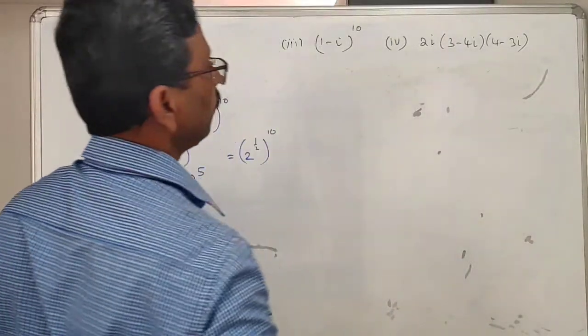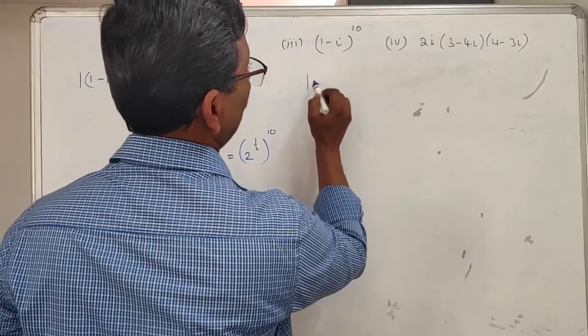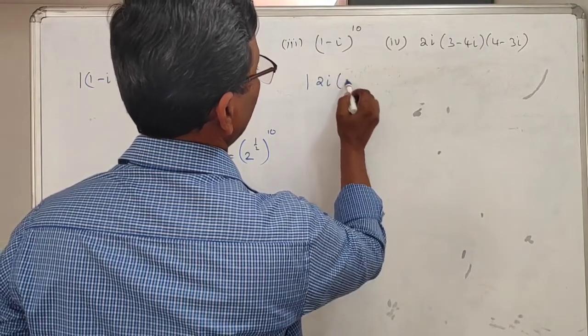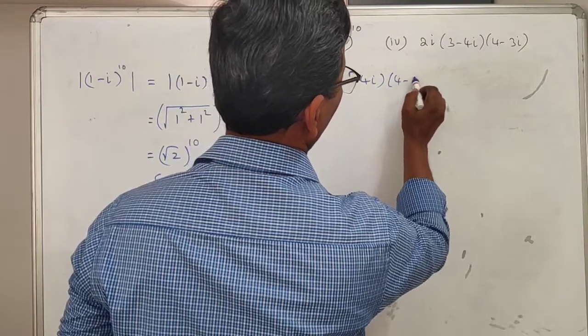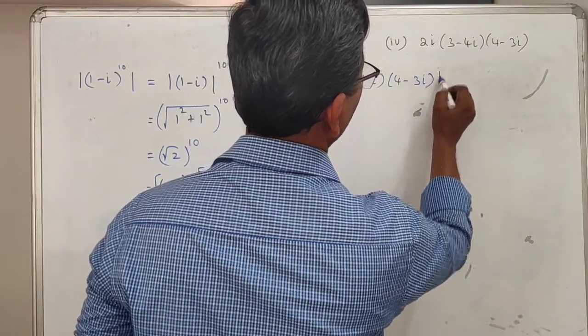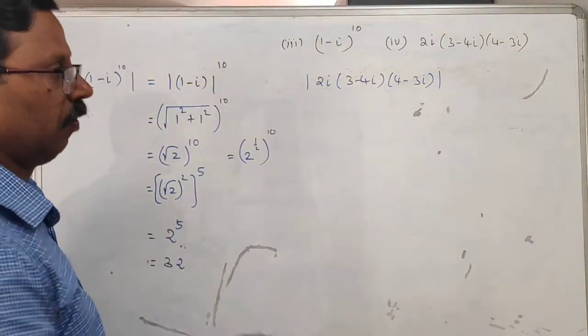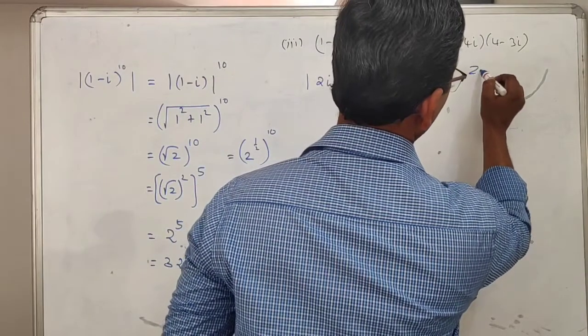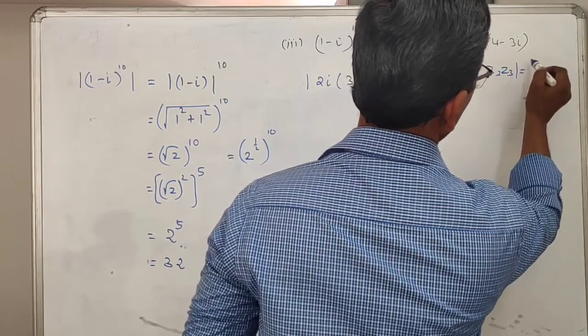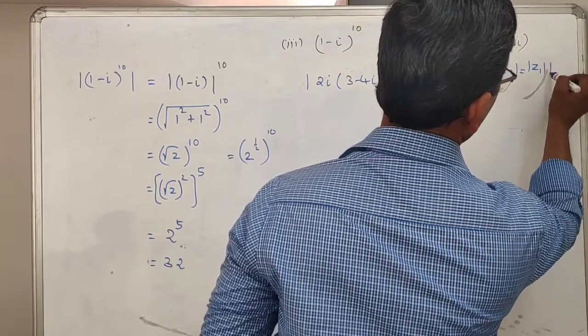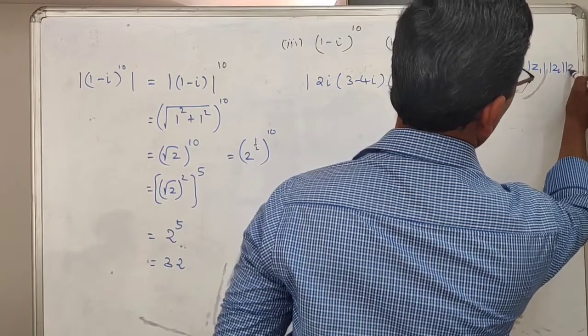See the fourth subdivision. You have to find the modulus of 2i into 3 minus 4i into 4 minus 3i. You want to find modulus for this one. You know very well, modulus of z1 into z2 into z3 is equal to modulus z1 into modulus z2 into modulus z3.